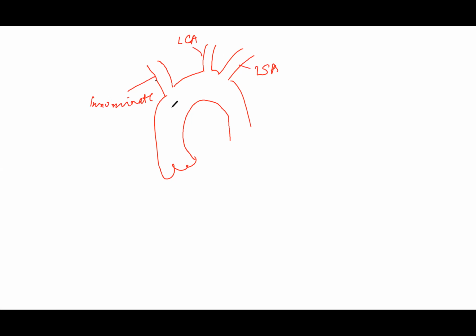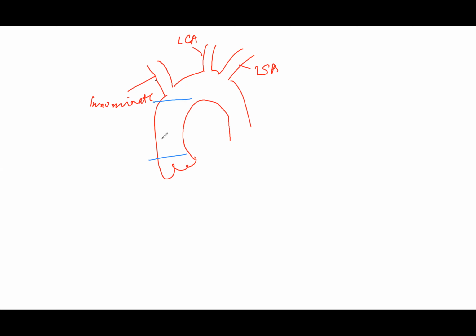So when the surgeon opens the chest, this portion of the aorta is exposed. Okay, and they're going to sew the grafts right anterior on the aorta, not posterior. Very rarely they have to sew a posterior graft here. And it's important to know where the SVG grafts are.